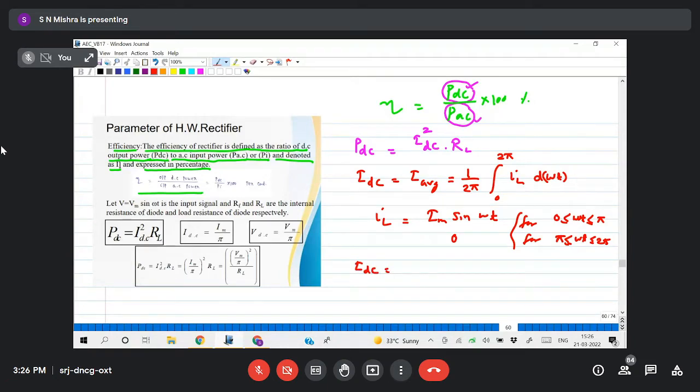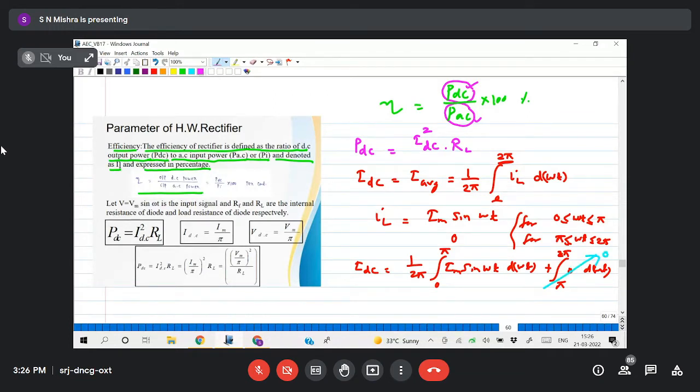IDC equals 1 by 2 pi. This limit I will break into 0 to pi and pi to 2 pi. So for 0 to pi, we get Im sine omega t d omega t, plus pi to 2 pi, that is 0. So this will give you 0.